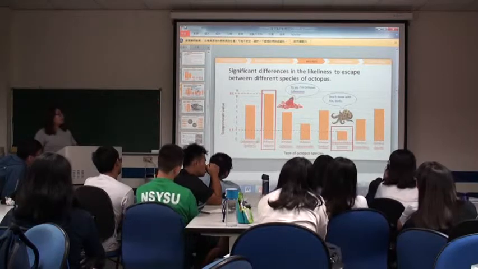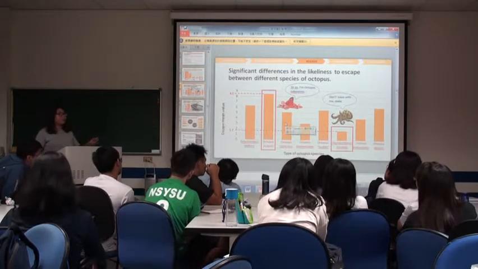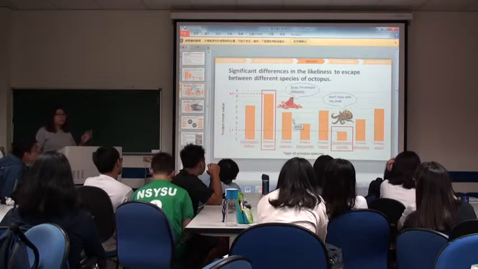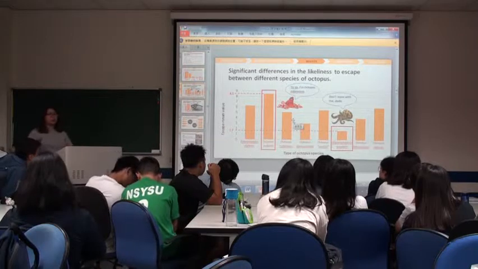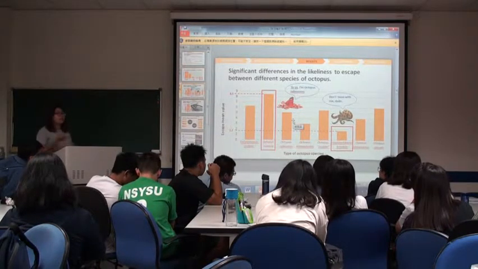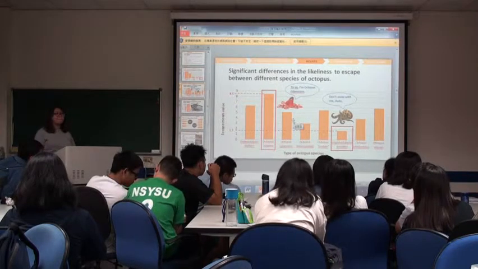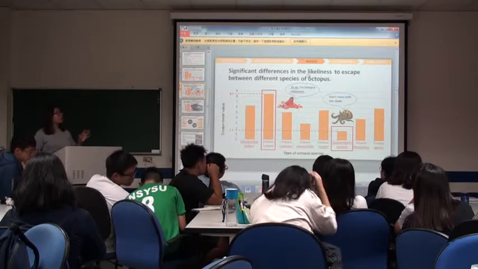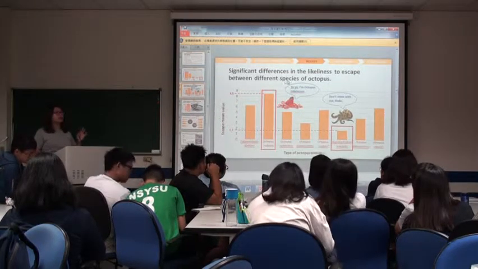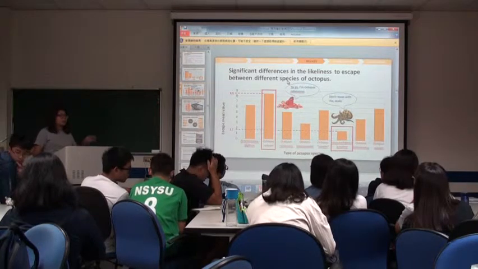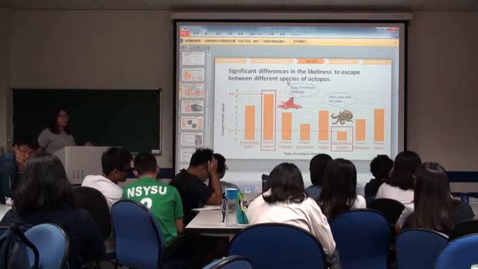This table shows the likeliness of escape, and not the factors. The factors are what they conclude as the possible reasons that might cause escape. This table only shows the likeliness to escape between different species of octopus. It only shows which species are more prone to escape.